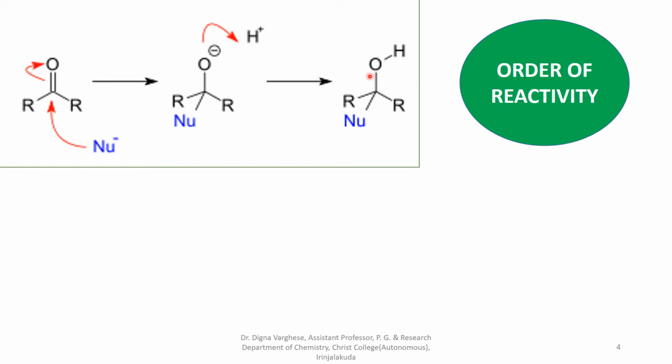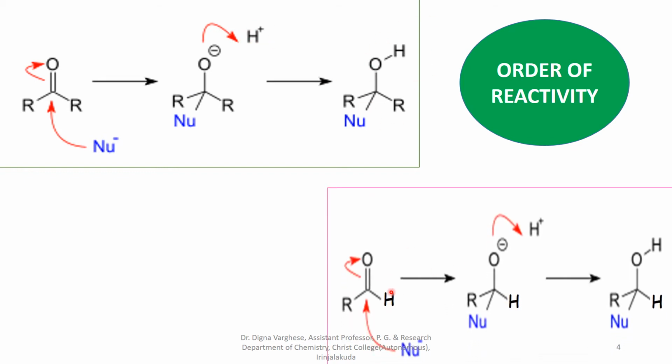In the case of aldehyde, the R group is replaced by hydrogen, but the same mechanism happens here. The nucleophile attacks the carbonyl carbon, forming the sp3 tetrahedral alkoxide intermediate. This will attack the H plus from the reaction medium and form the adduct.